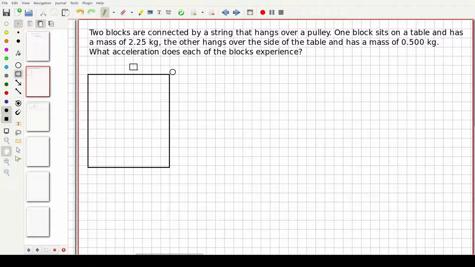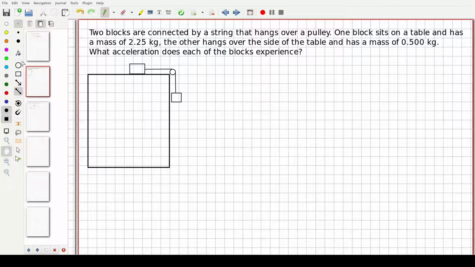We'll put one right here, and then there's going to be one right here. So you have a string that goes from one mass to the other mass, and it goes over the pulley. So here it is, hitting the pulley here, and then it comes over the edge of the pulley and goes on that one right there.